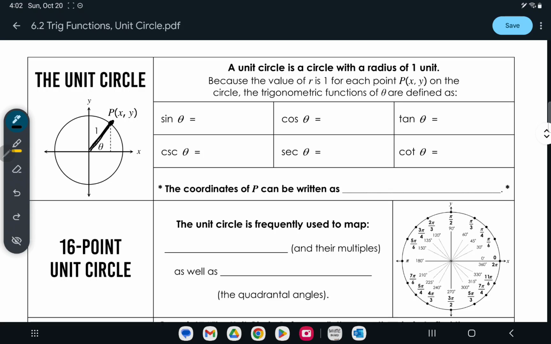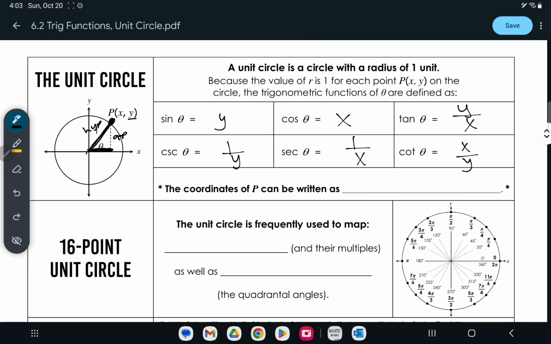When I do opposite over hypotenuse, that ratio gives me the y value of that point. The cosine, so the adjacent part here, gives me the x. So tangent is sine over cosine, so y over x. Cosecant is the reciprocal of sine, secant the reciprocal of cosine, and cotangent the reciprocal of tangent.